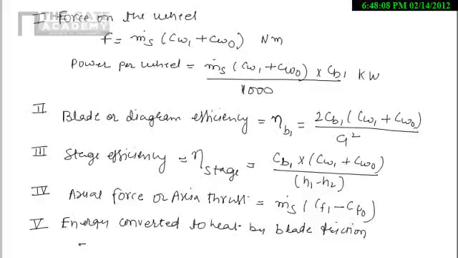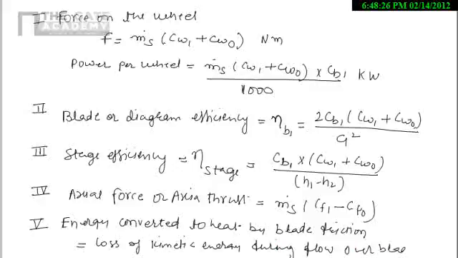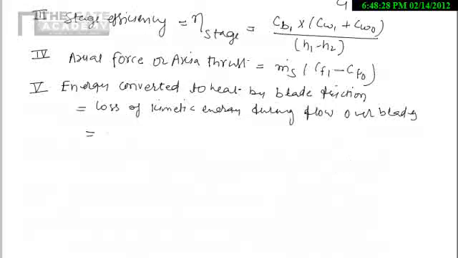That is nothing but loss of kinetic energy during flow over the blade. We can calculate it by ms dot (cr1 square minus cr0 square). Here we have to take relative velocity.